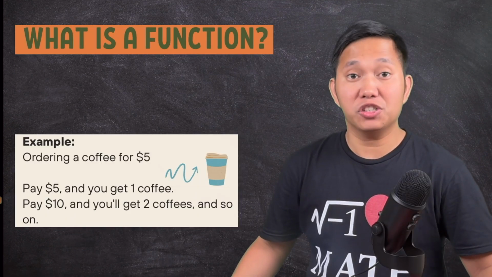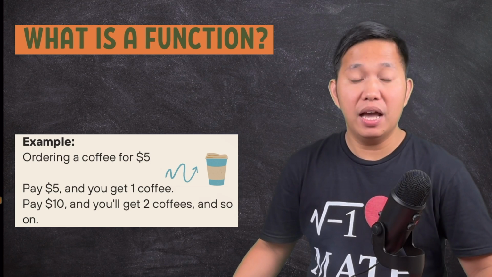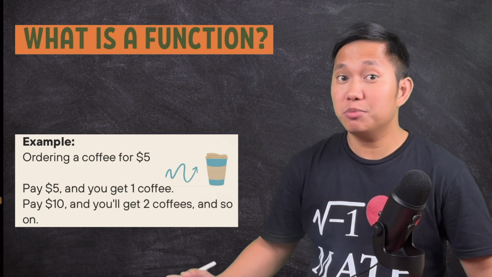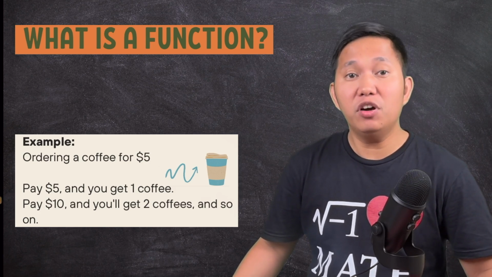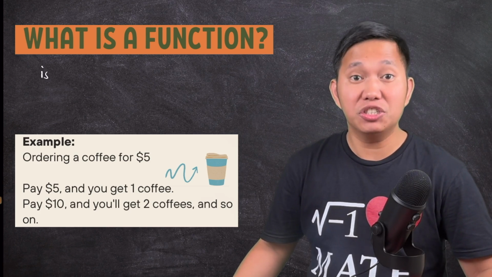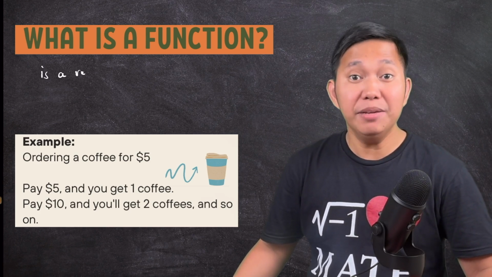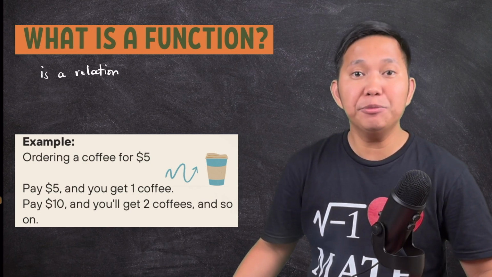What is a function? A function is a special type of relation. However, not all relationships work or function. There is a guideline that we need to remember for us to say that a given relation is a function. That is, every x, or input value, must correspond to only one y, or output value.